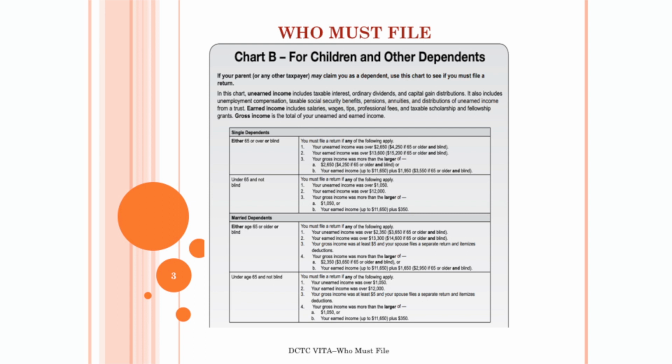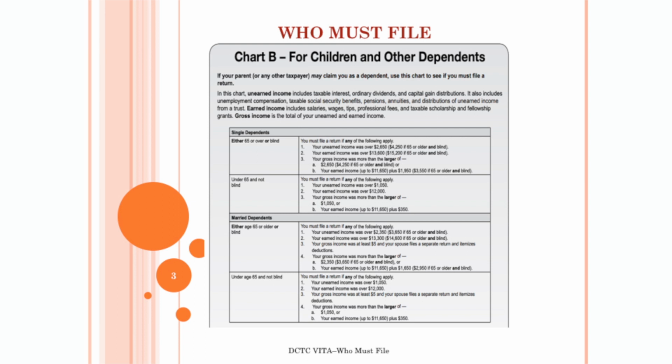Number three, your gross income was more than the larger of $2,650, or $4,250 if 65 or older and blind, or your earned income up to $11,650 plus $1,950, or $3,550 if you're 65 or older and blind.